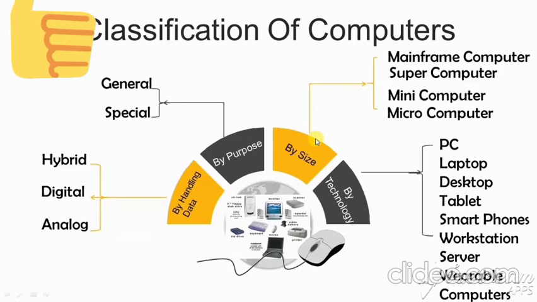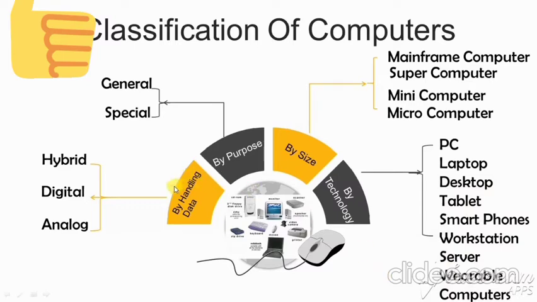By size, we can classify computer into mainframe computers, supercomputers, mini computers, and microcomputers. By technology, we can classify into further many branches. They are PC, laptop, desktop, tablet, smartphone, workstation, server, and wearable computers.